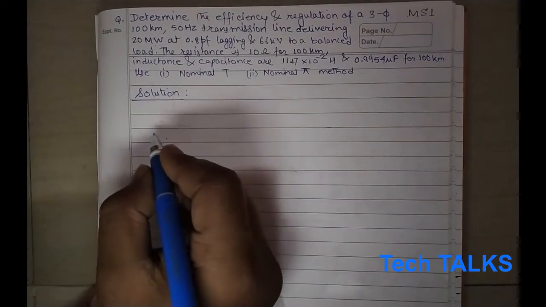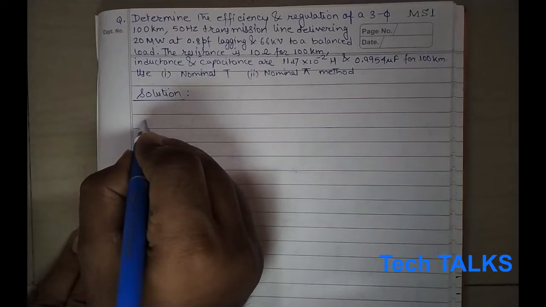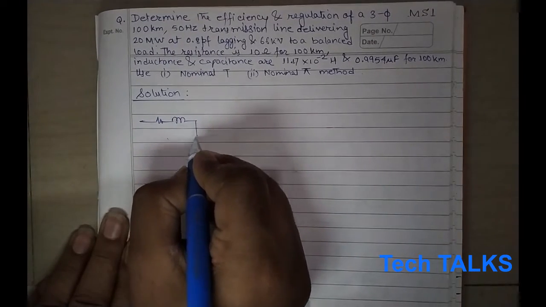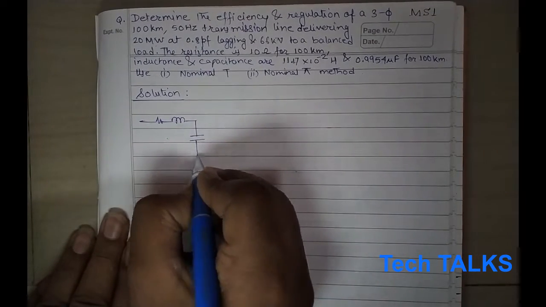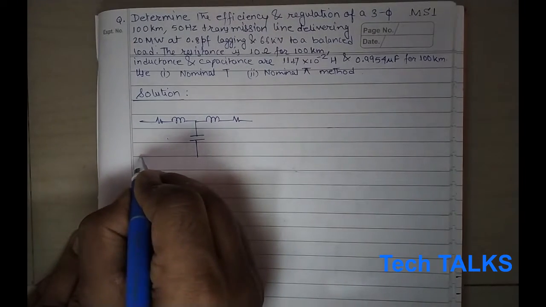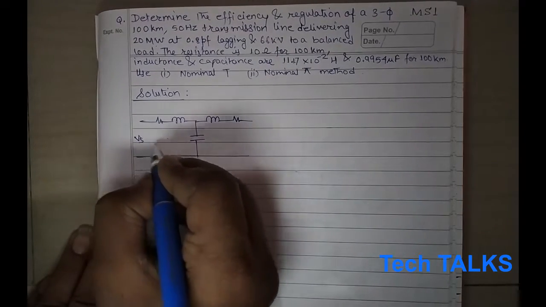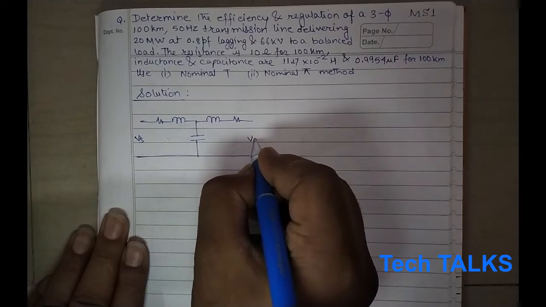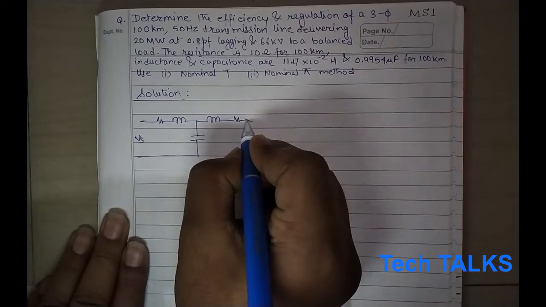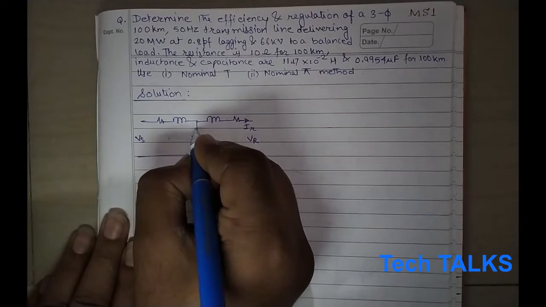So the circuit diagram would be like this, with inductance and resistance. This is Vs, the sending end voltage. This is Vr, the receiving end voltage. This is IR, the receiving end current.